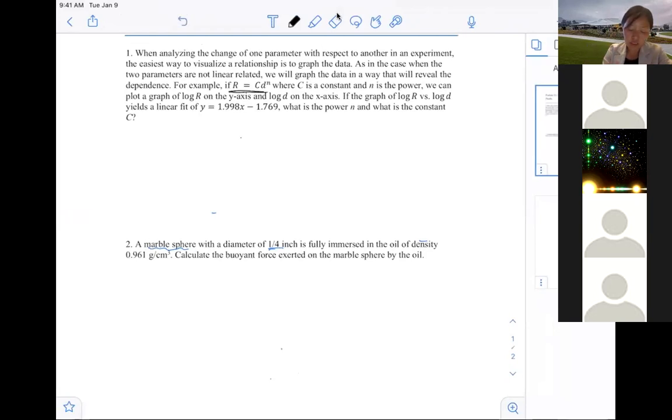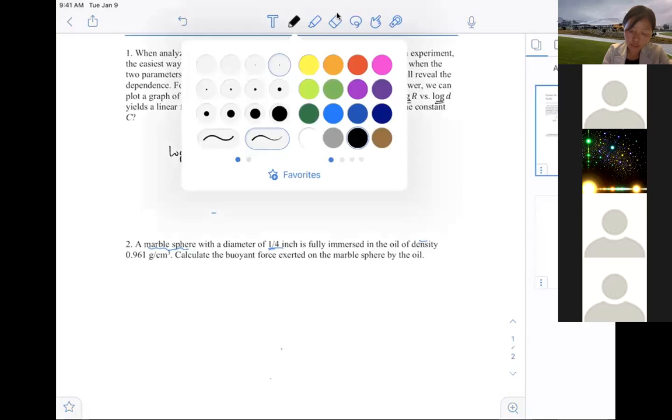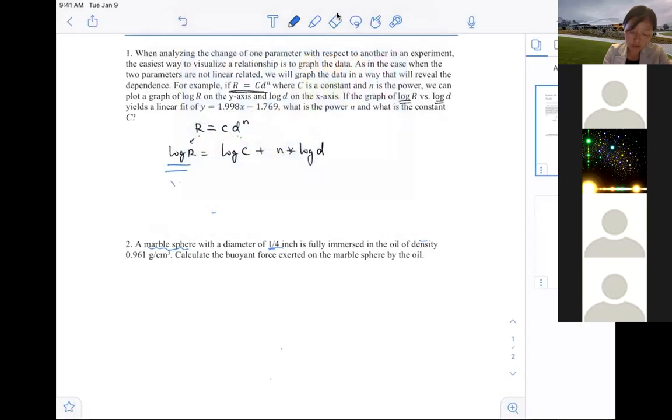So let's say you are looking at a relationship between two different variables, R versus D. And you're trying to graph the log of R versus log of D. So log of R is log of C plus N times log of D. So if you were trying to graph this, log of R is your Y, log of D is your X. So Y is equal to KX plus B, right? This is a linear relationship.